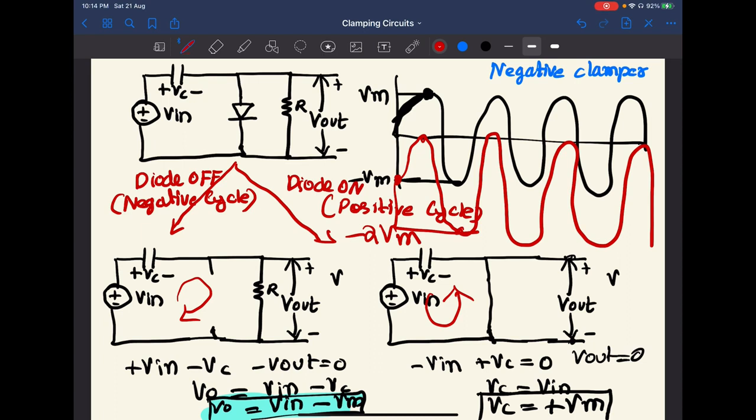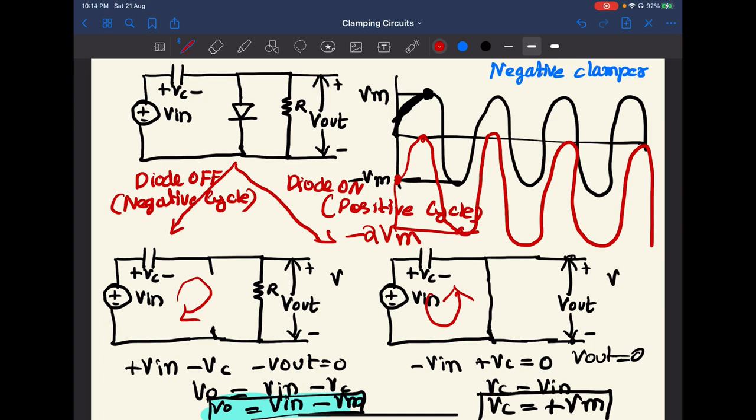But in the discharging case, once it gets charged, next discharging happens. The very basic condition is the RC time constant should be very large. So once it gets charged, the discharging happens in a very slow manner. Once it is charged to Vm, we can say that it provides a constant voltage for a small time interval after charging.